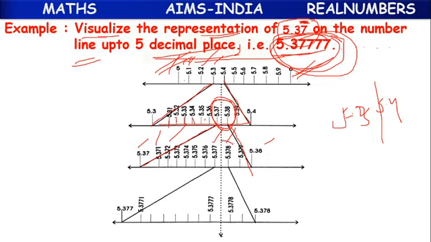Between these two, 5.377 and 5.378, the parts are magnified again into 10 equal parts: 5.3771, and so on. Up to this number we can magnify like this and represent the location of this recurring decimal.